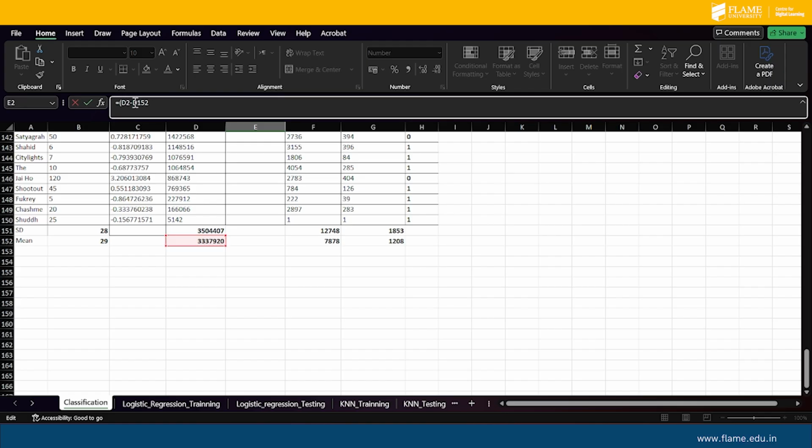So fix the mean and then divide it by the fixed standard deviation.